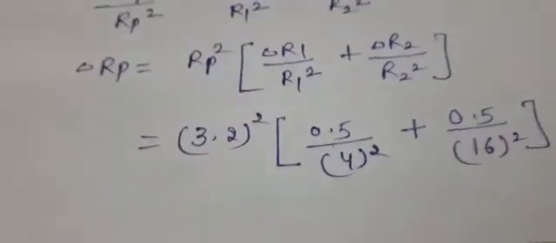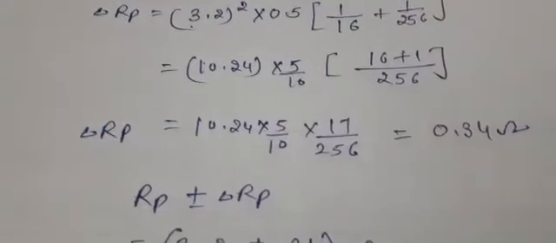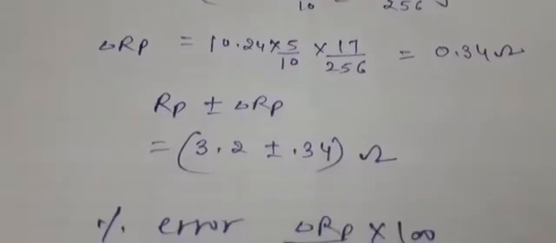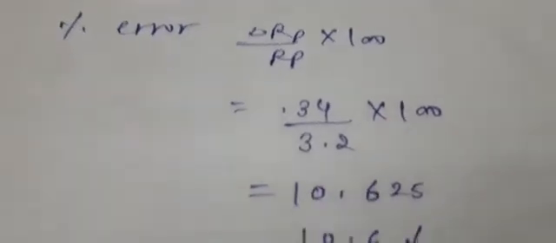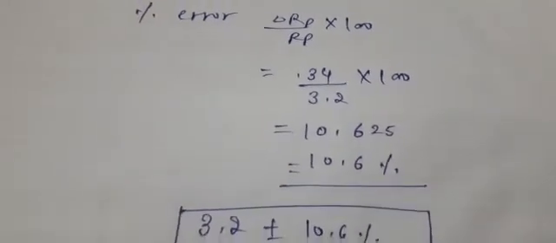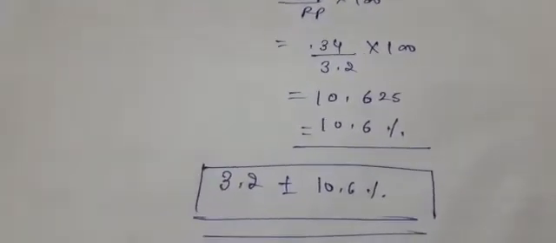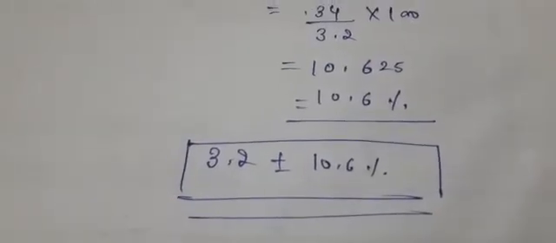By substituting the values and doing all the calculation part, you get this. Although in this question the percentage error in series and parallel combination has been asked, so you will do the percentage error part like this. This is a particular way.